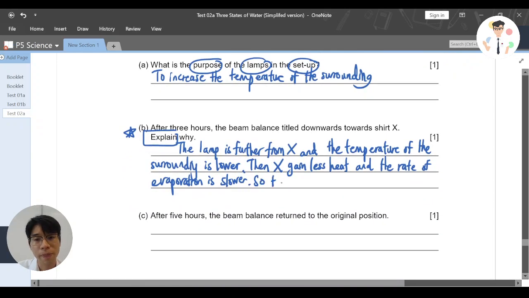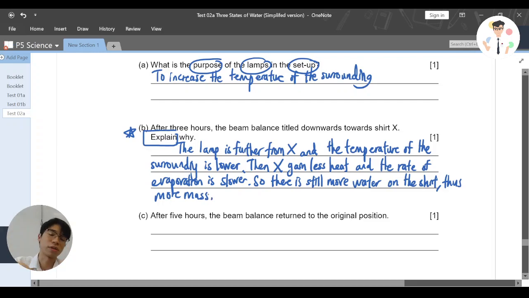So there is still more water on the shirt, thus more mass. That's why it's tilted. So I know it's 1 mark, but why is it so long? Because you need to explain it step by step and clearly.